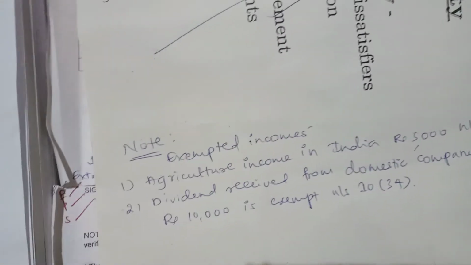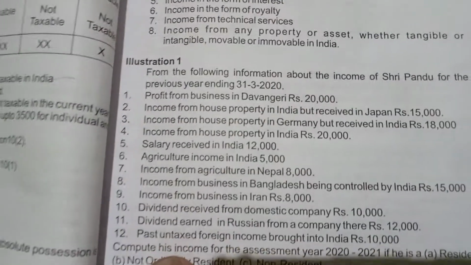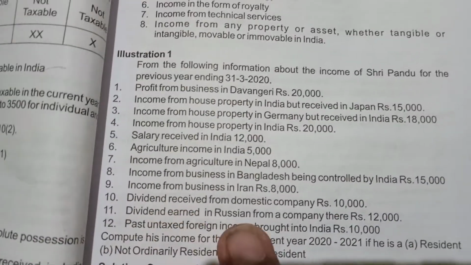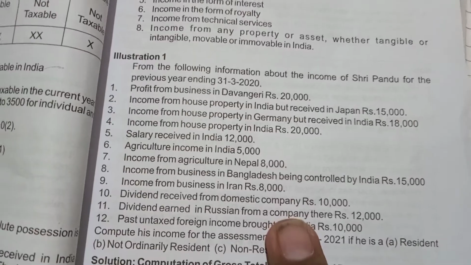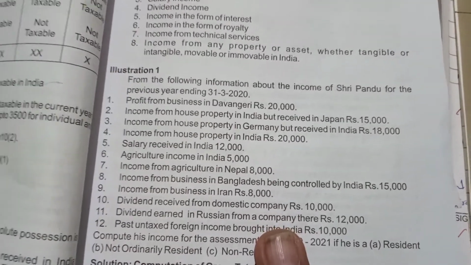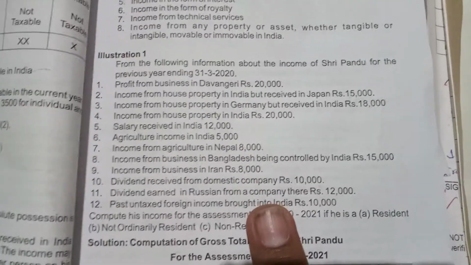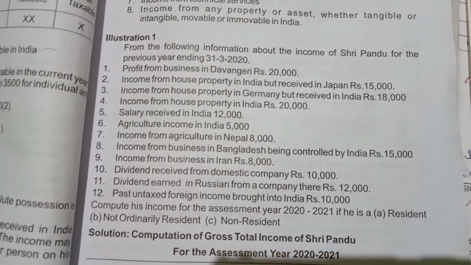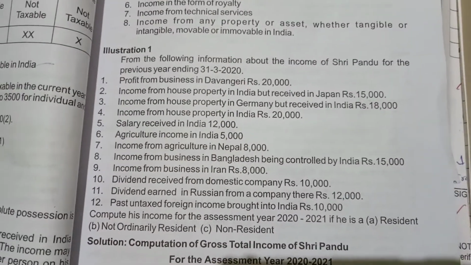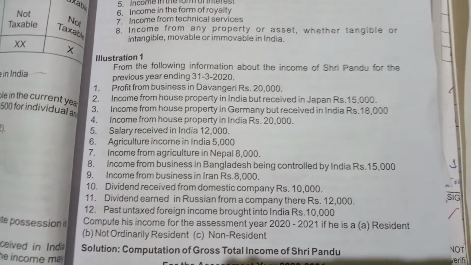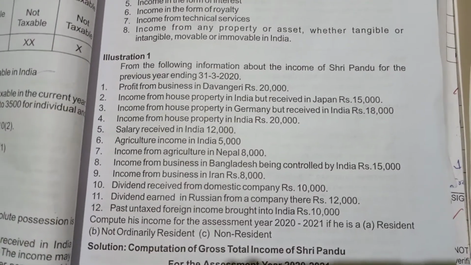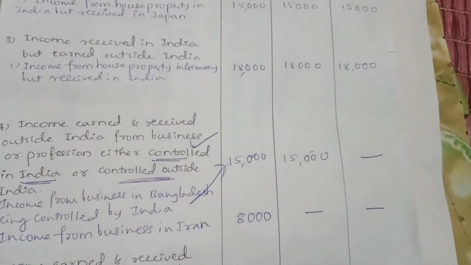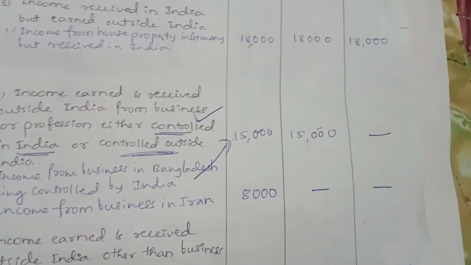That is why, dividend earned in Russia from a company there. It means that Russia is outside India, and as far as the income is concerned, the accrual or the origin of the income has taken place outside India.